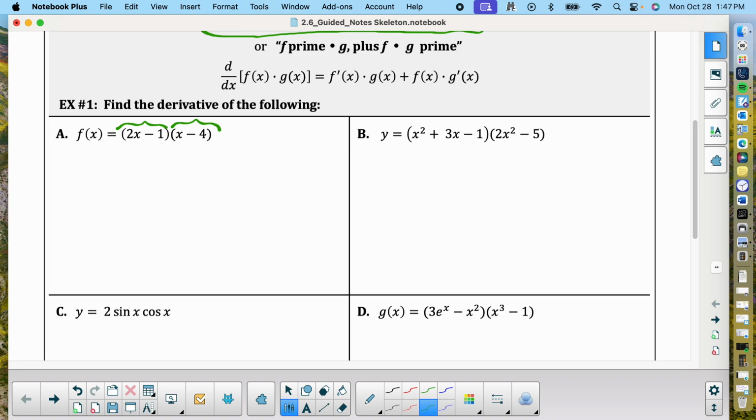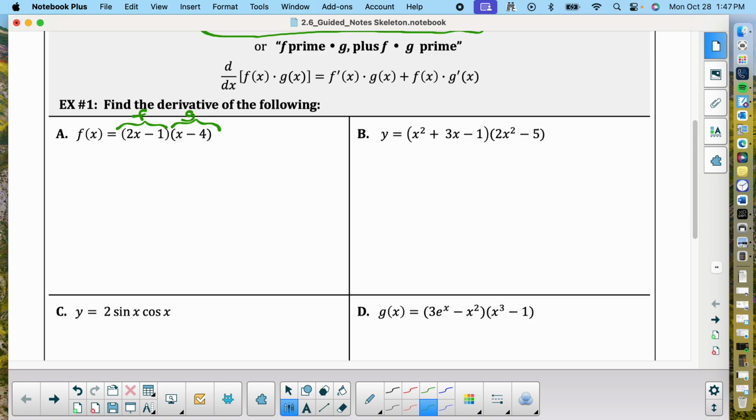Okay, if I'm looking at example A, I'm going to call this first thing F, the second thing G. Now, I know writing F can be confusing because it's f of x, not the same in any way. I think your formula sheet even uses a u and a v on purpose, so that you don't confuse it with f and f of x. This is just basically trying to identify things.